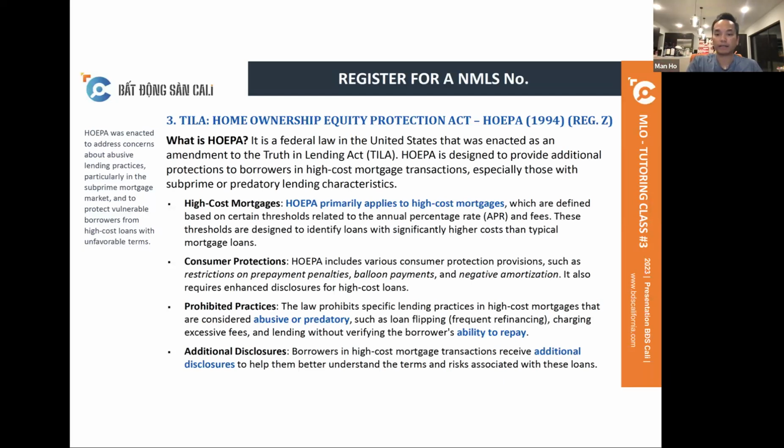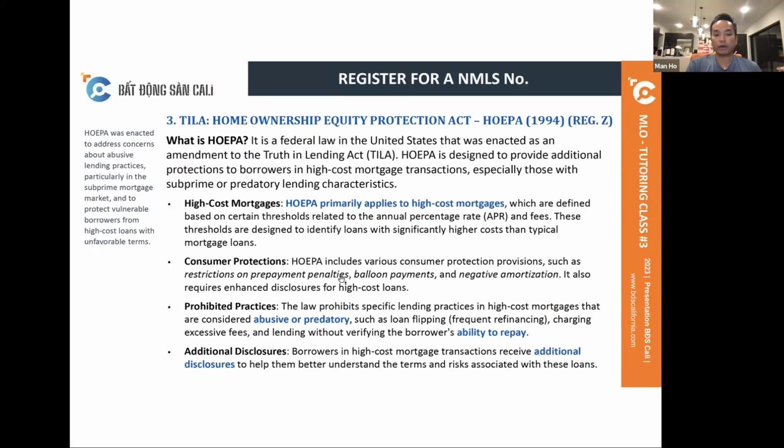These thresholds are designed to identify if the loan is significantly higher cost than a typical mortgage loan. So HOEPA is mainly trying to identify that, so that the loan officer can tell the borrower there is a high risk in this loan because it's high cost and high price.